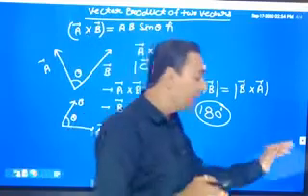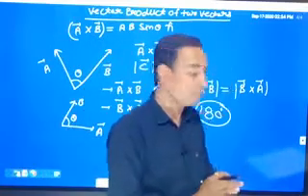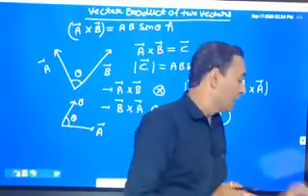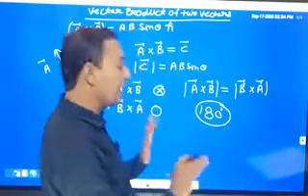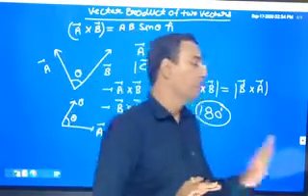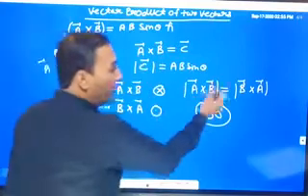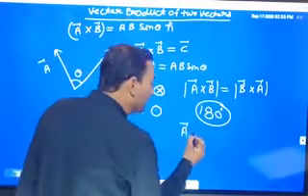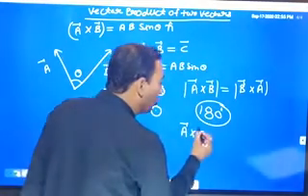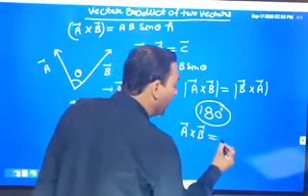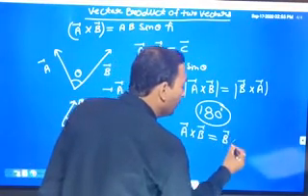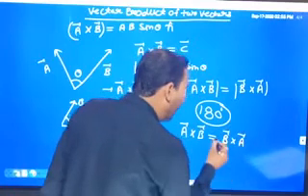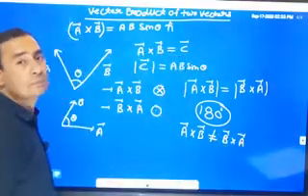All things are written in your notes. Okay, so direction of A cross B and B cross A are opposite to each other. Okay, so magnitude of these are same, but we cannot write that A vector cross B vector and B vector cross A vector are equal.